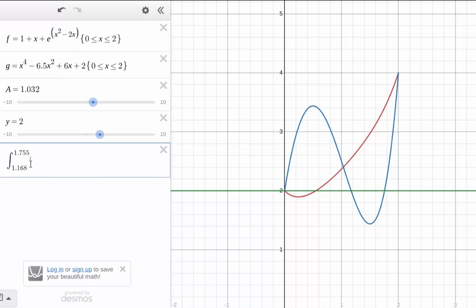The top function is 2, and the bottom function is this blue function g. So 2 minus g, and we need the dx. And we get about 0.216. Really close to 0.217 if you want to round that, no problem there. But I'm going to leave it as 0.216.